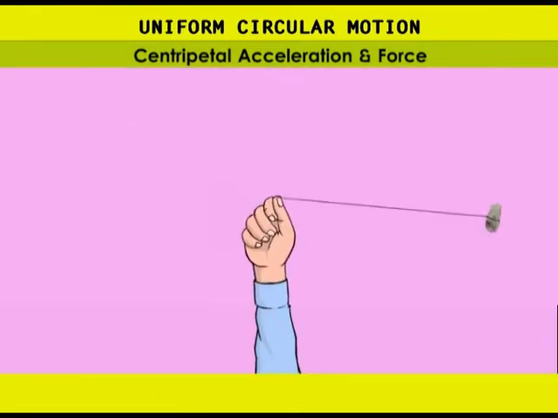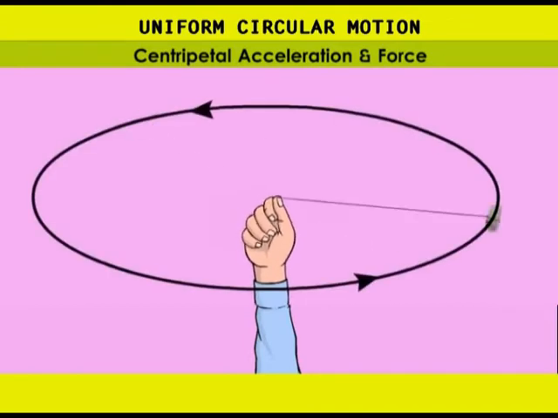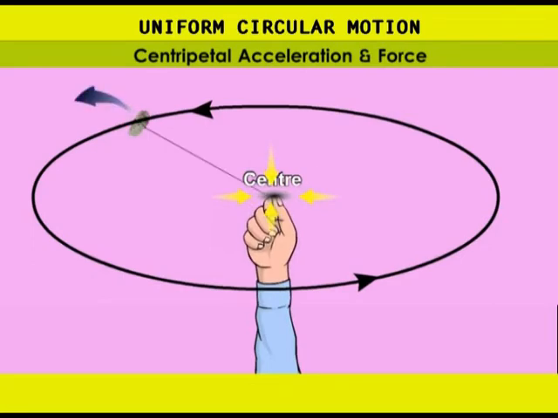If you hold a string tied to a stone on one end and you swing it in a circular motion, you will feel that the stone tries to pull the string away, and you have to apply some force to keep the stone in the circular path. The force that the stone exerts on the string, trying to pull itself away from the center of the circle, is called centrifugal force.